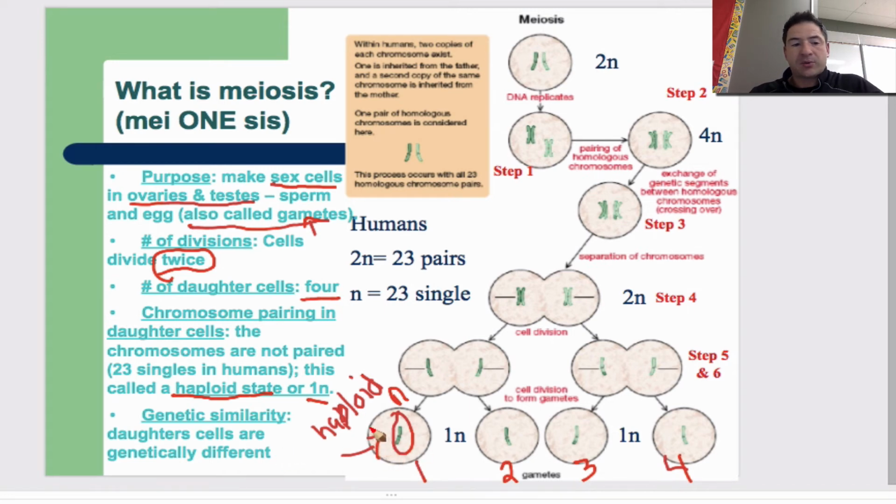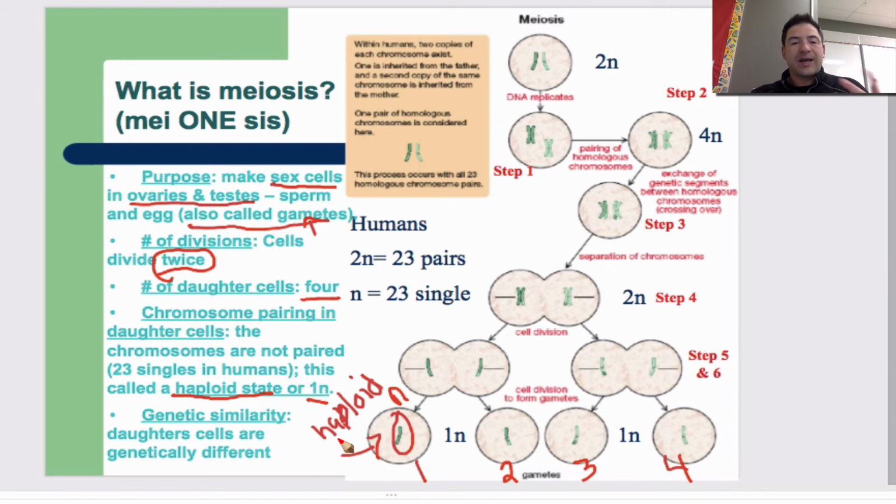So if we talk about the similarities and differences, meiosis versus mitosis, mitosis produces 2 identical daughter cells. Meiosis produces 4 daughter cells that are genetically different.